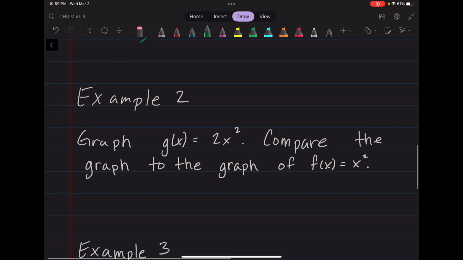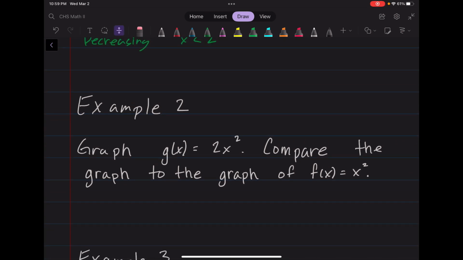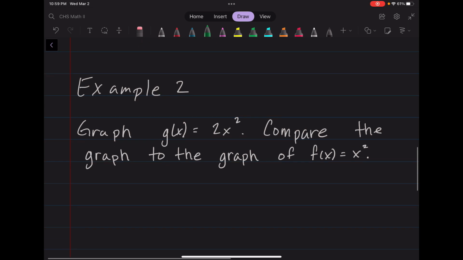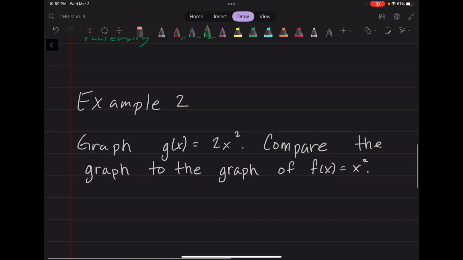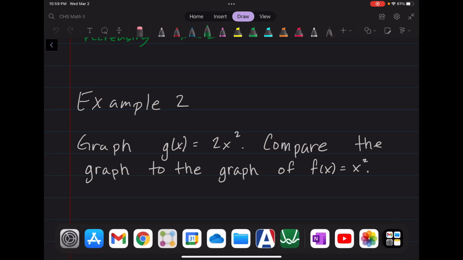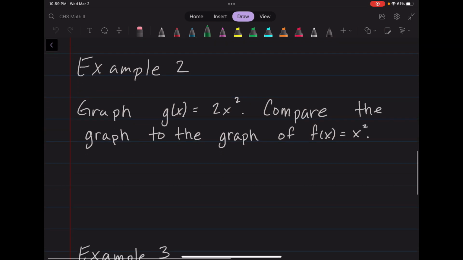Example 2, we want to graph. Go ahead and get a little more space down here. We're going to graph the function g of x equals 2x squared and compare that to the graph of f of x equals x squared. So let's go ahead and pull up Desmos. Actually, no, before we do that, we're just going to look at the tables.